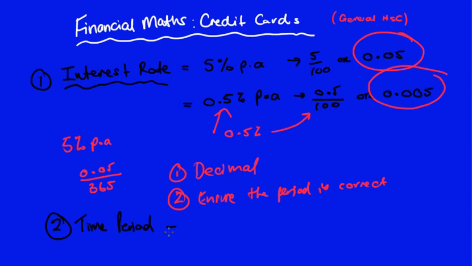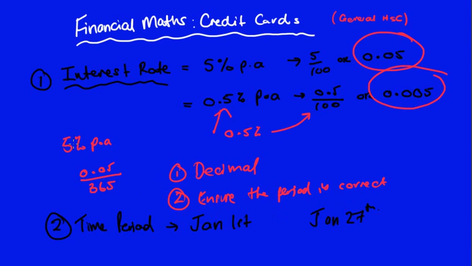Again, as you'll see with some of the questions that I'll put up here, they'll say, I purchased a bike on my credit card, and I paid the amount off 20 days later, or they might give you a date. So let's say for example, January the 1st I bought it, and then I paid the account on January the 27th. So counting how many days it's been charged for is important.